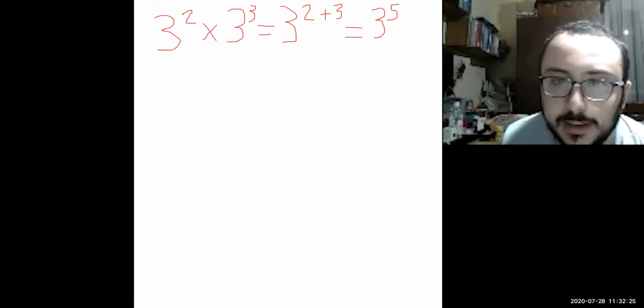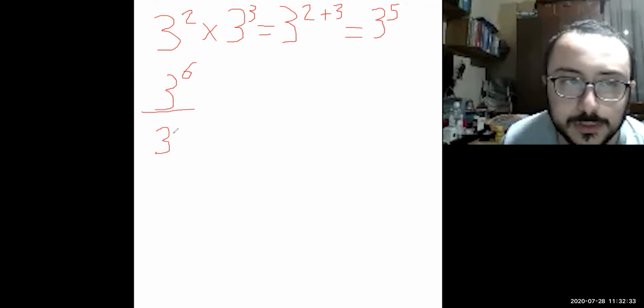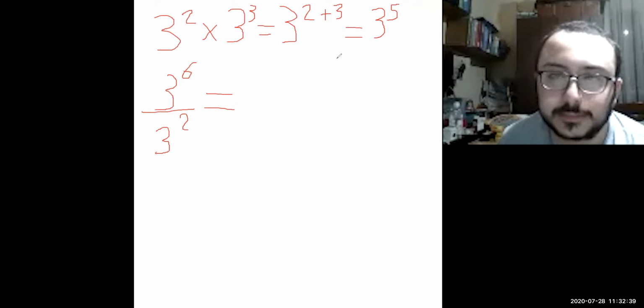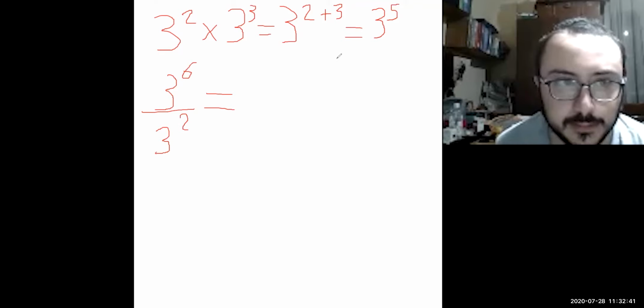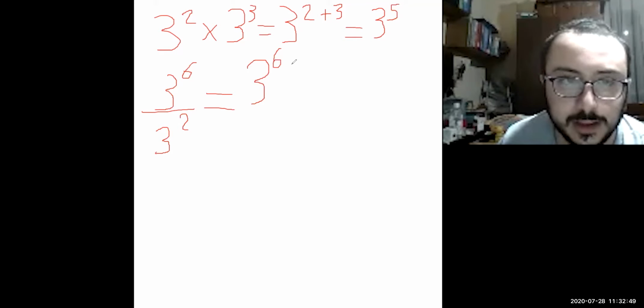Another example, 3 power 6 over 3 power 2 equals? It's equal to 3 power 6 minus 2. In this case, because it's a fraction, we do minus.